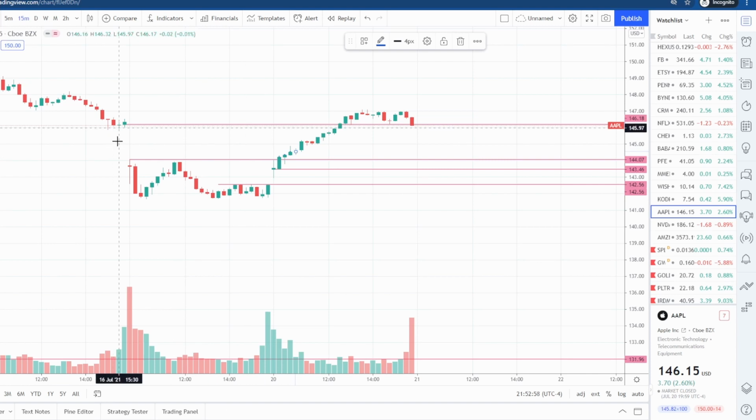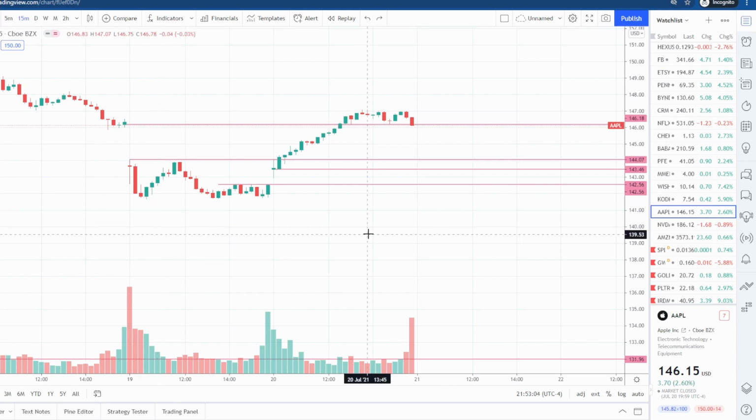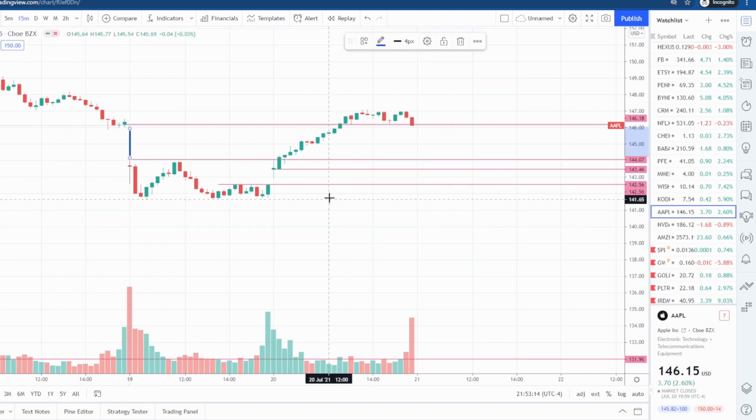And 80% of the time it does fill the gap, and that's why we're confident in buying at that price. So as soon as I saw this 15-minute candle close above 144, which entered in the gap area, this empty space here, I put on my position.